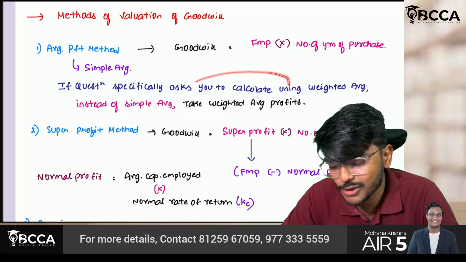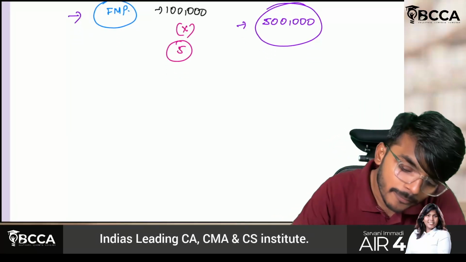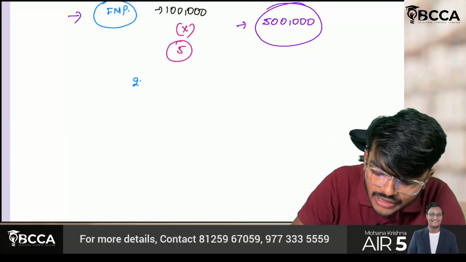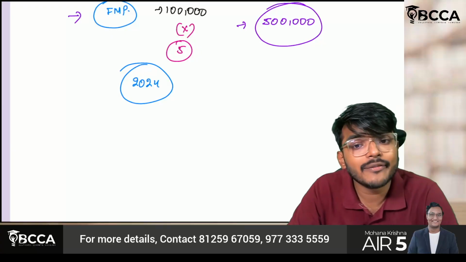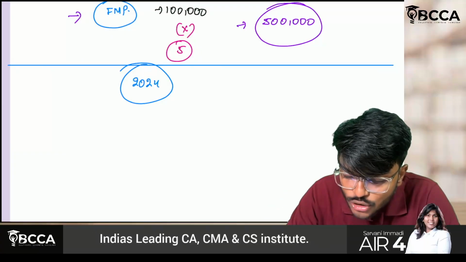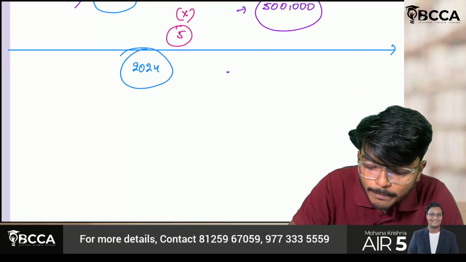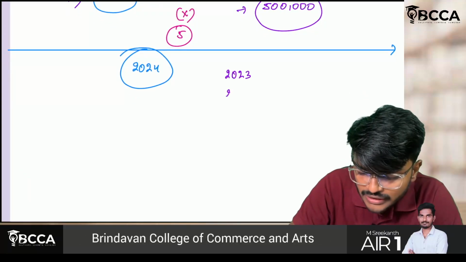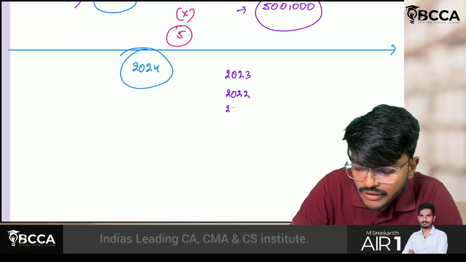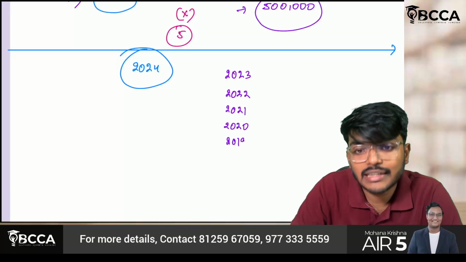Sir, why exactly do you have to do the weighted average? Let us try to understand. Let us assume we are currently standing on 2024. We are calculating the goodwill value as on 2024. Now they have given us past 5 years data: 2023, 2022, 2021, 2020 and 2019.